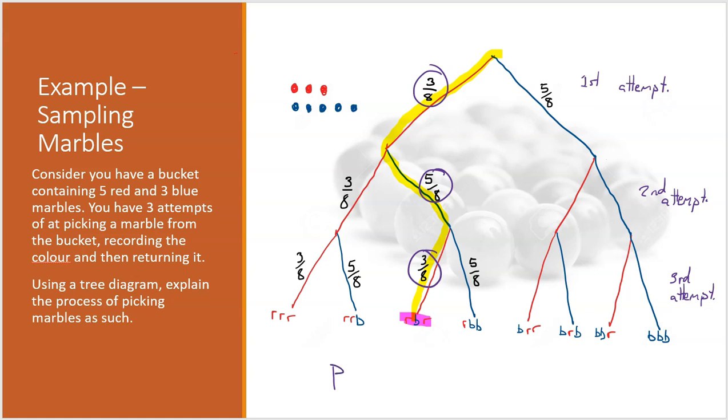So the probability of getting red, blue, red is going to be equal to 3 over 8 times 5 over 8 times 3 over 8, and bringing those all together, 8 times 8 times 8, what's that?